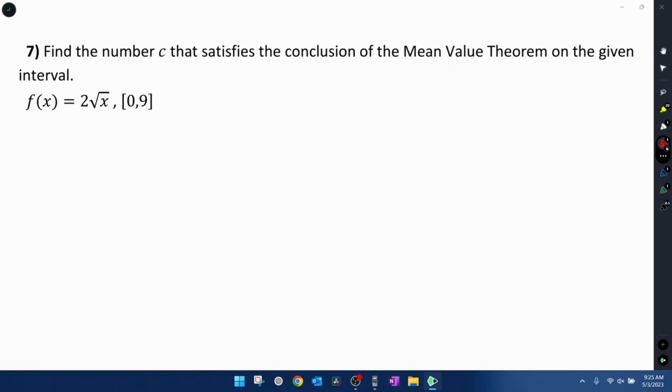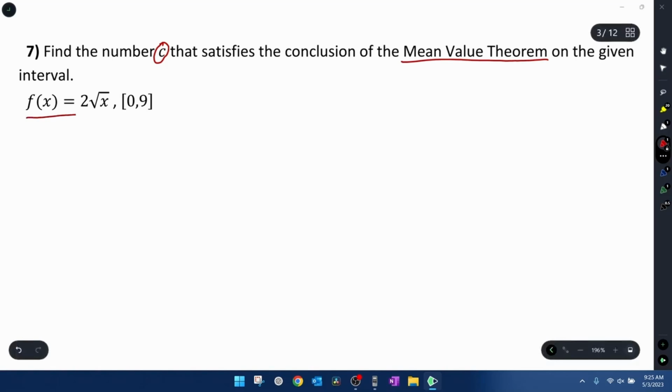Next, number 7, find the number c that satisfies the conclusion of the mean value theorem on the given interval. So here we have the function f of x equals 2 square root of x on the interval from 0 to 9.